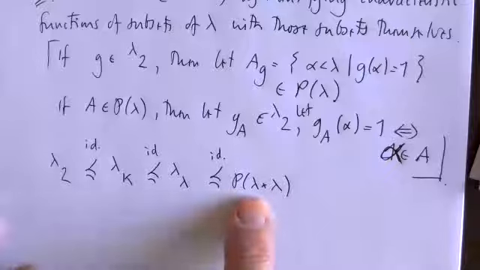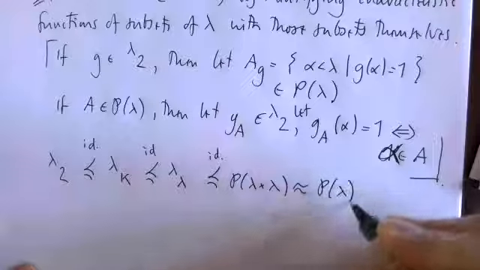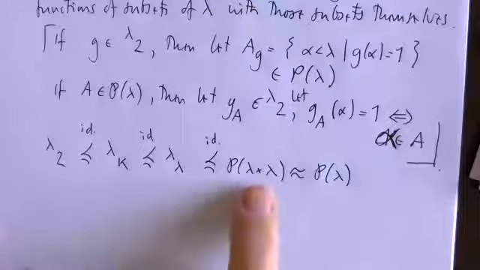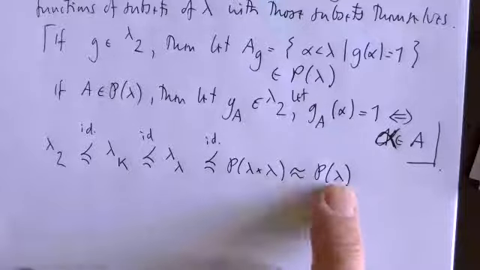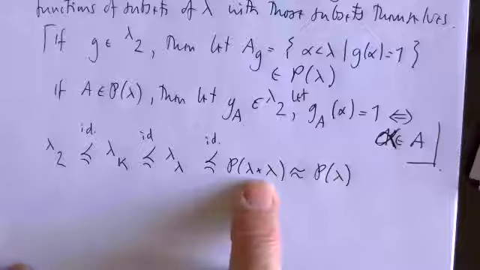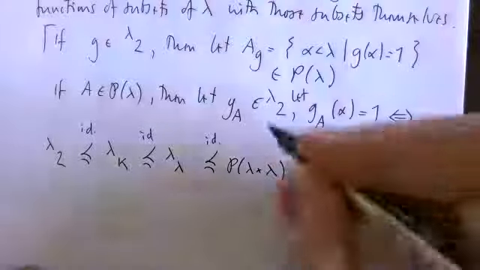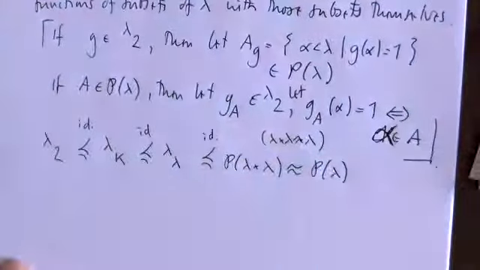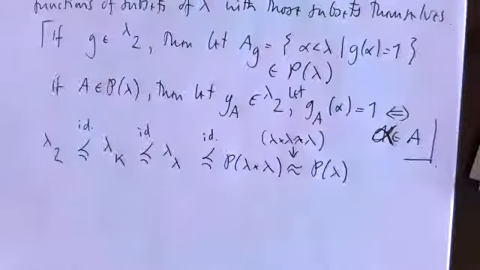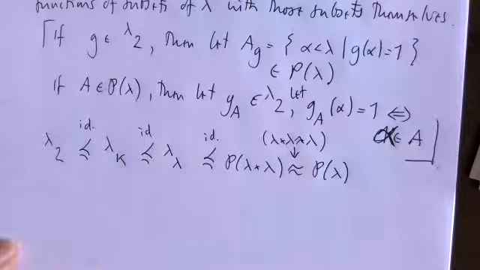And now we'll use the Hessenberg theorem that says that this set has got the same size as this set. There's a bijection between here and here. So there's a bijection between their power sets. So I'm using Hessenberg here. If two sets have the same cardinality, then their power sets are going to be bijective.